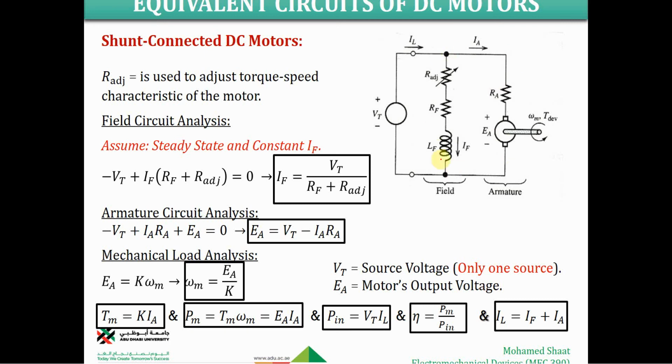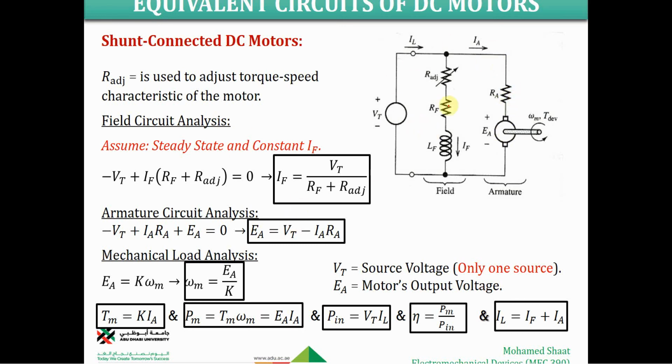So we can deal with this as one circuit, field circuit, and this is the armature circuit, or we can deal with them as branches. This is the field branch and this is the armature branch, and both are parallel. The essential configuration here is that the armature branch and the field branch both are parallel branches, as already given here. So how we can calculate the efficiency of this configuration of the DC motor, this is what we're going to do.